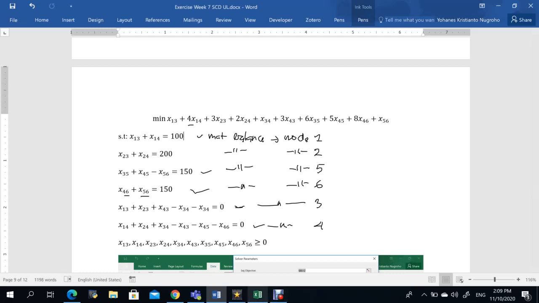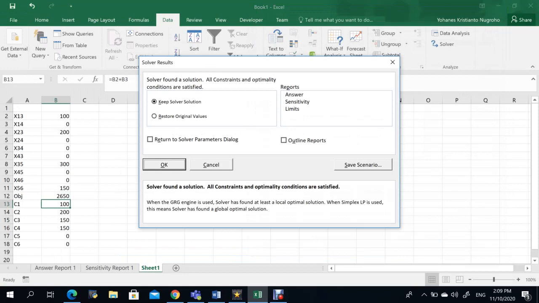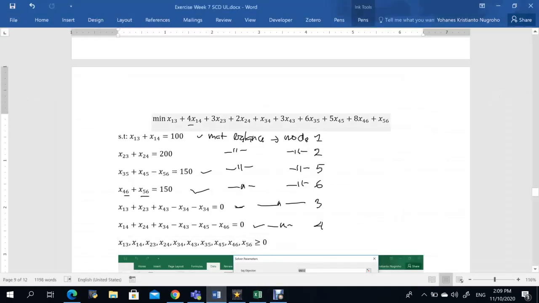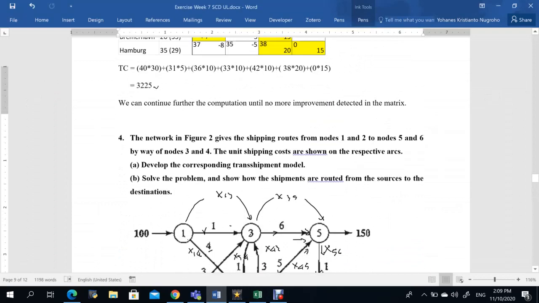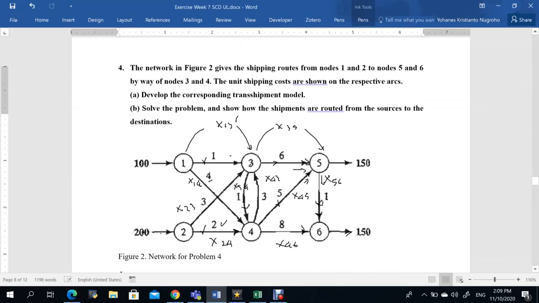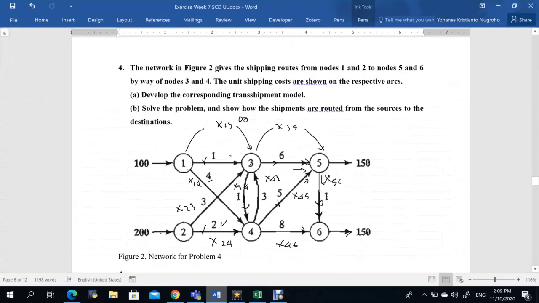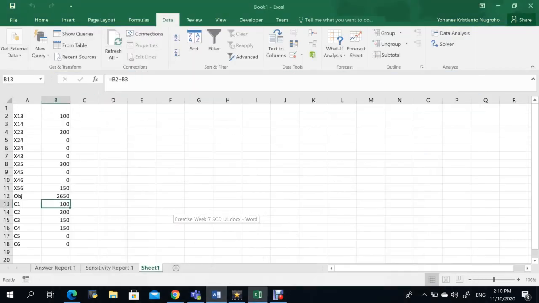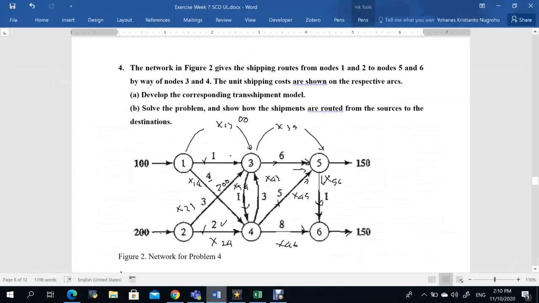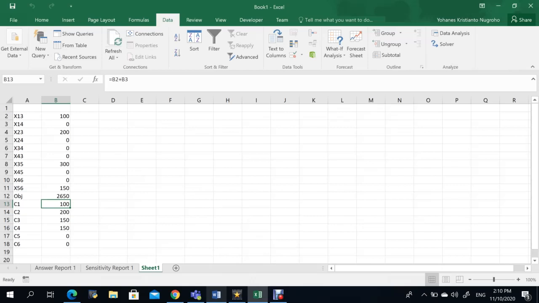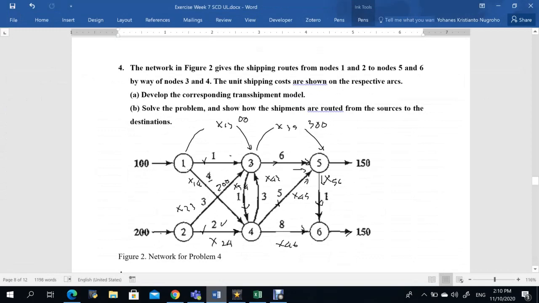If I press the solver, then we can see here that x13 is 100, and x23 is 200. x35 is 300, and x56 is 150.